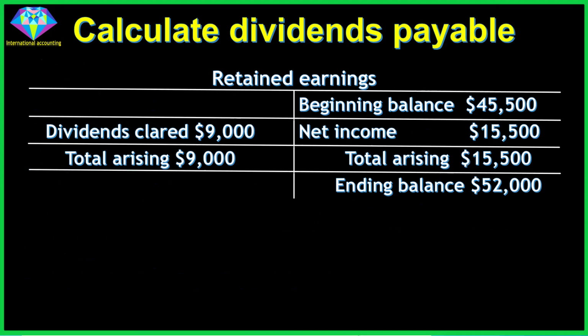Ending balance equals beginning balance plus net income minus dividends declared. So dividends declared equals $45,500 plus $15,500 minus $52,000 equals $9,000. The total debit of the retained earnings account is $9,000.